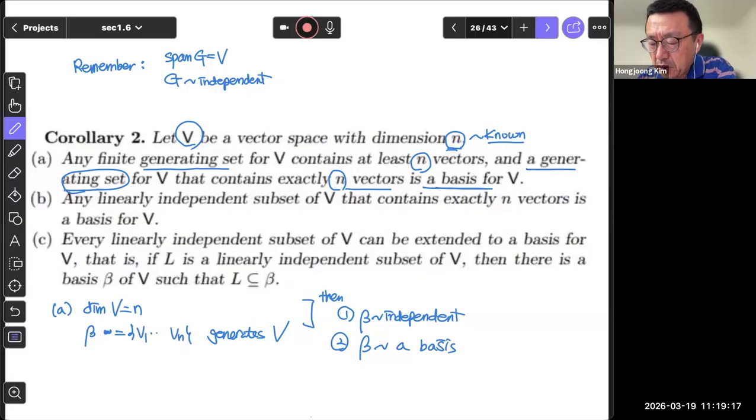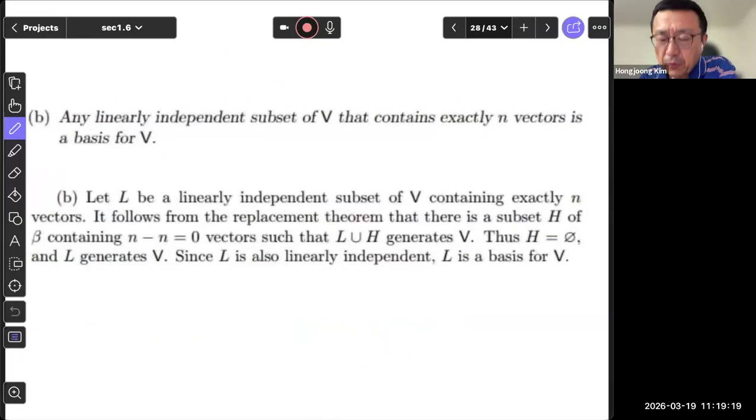Now, what is the statement B? If you have a set which is linearly independent, and if the number of vectors in that set is n, then it will be a basis.